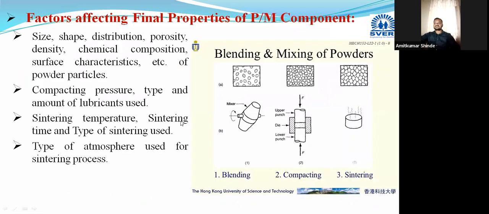Here I have summarized some common factors that affect the properties of the final component. The first factor is the powder particle properties: size, shape, distribution, porosity, density, chemical composition, and surface characteristics.